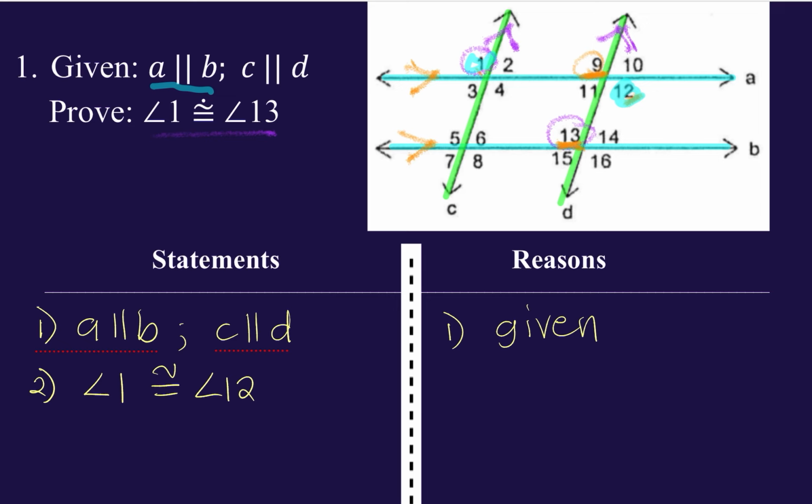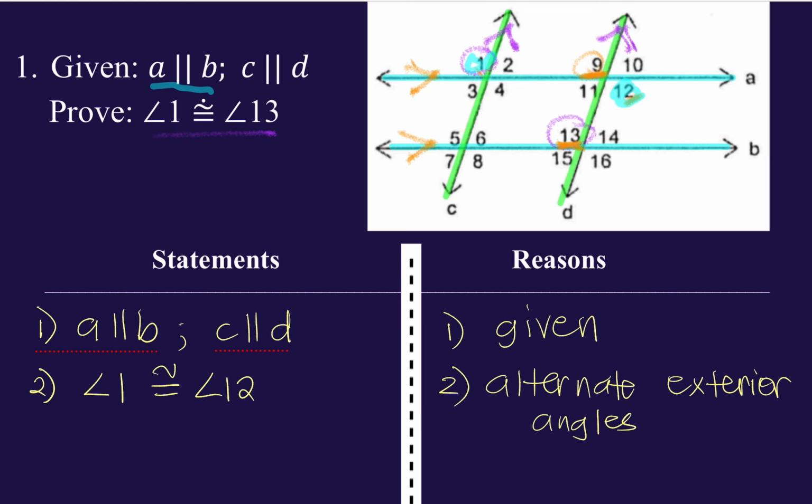They are on opposite sides of line A, and they are outside of lines C and D, so they are called alternate exterior angles.